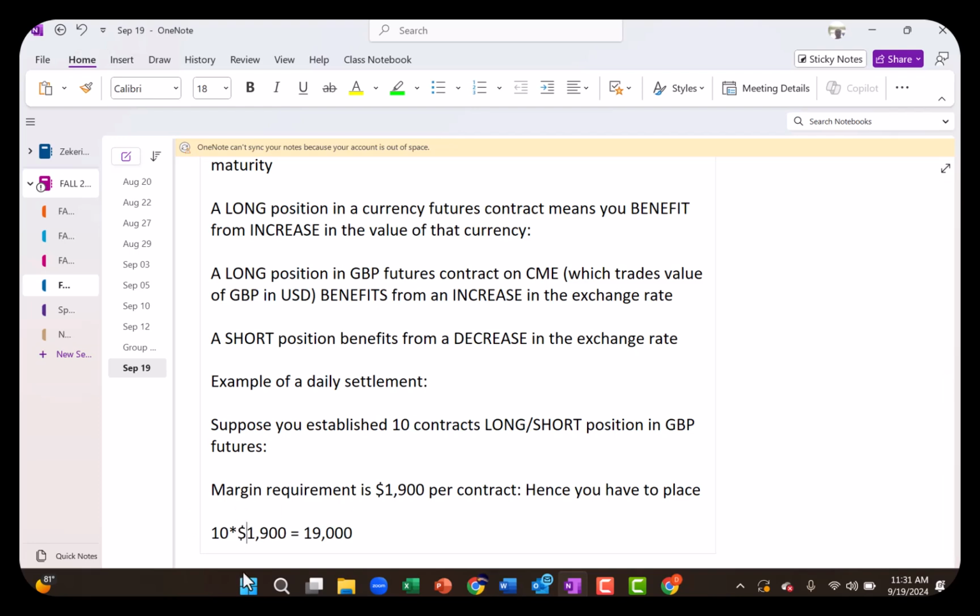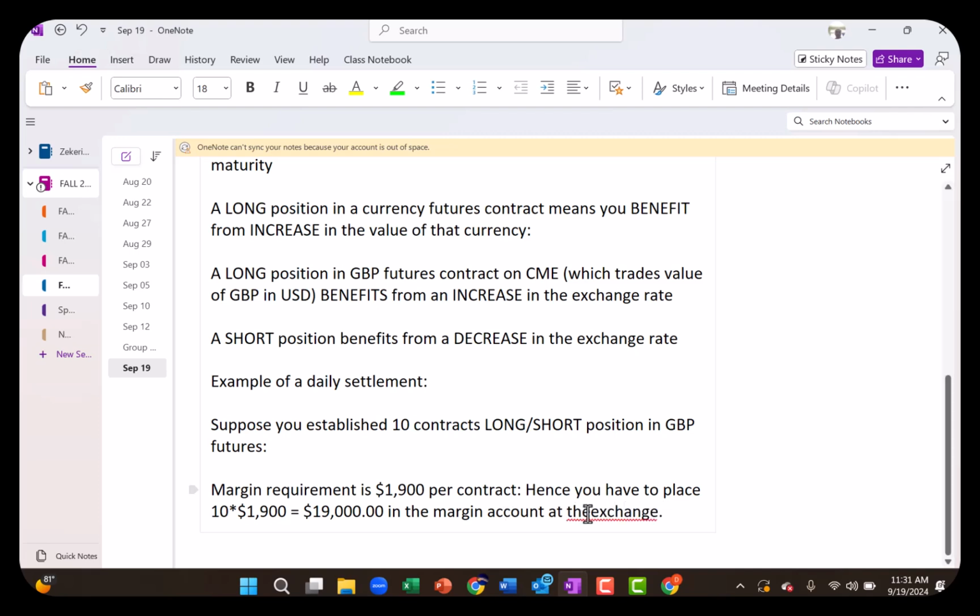Let me put a dollar sign in front so that it keeps the format. $19,000 in the margin account at the exchange. I mean, normally your bank puts it for you, but your bank would not or should not let you enter into that transaction unless you have the $19,000 free to put as collateral. Okay.